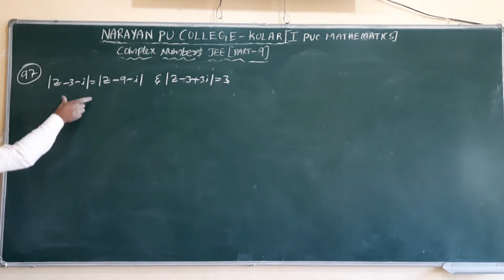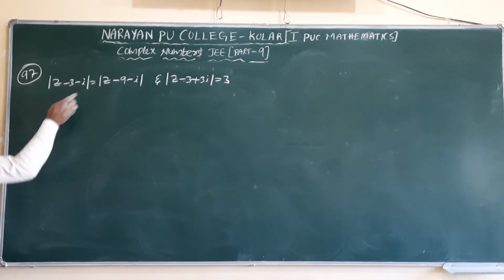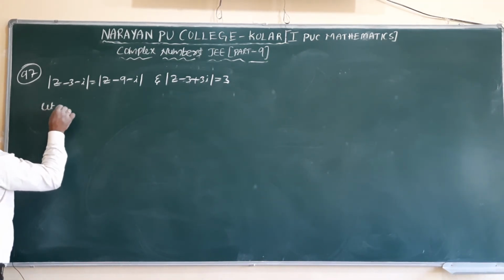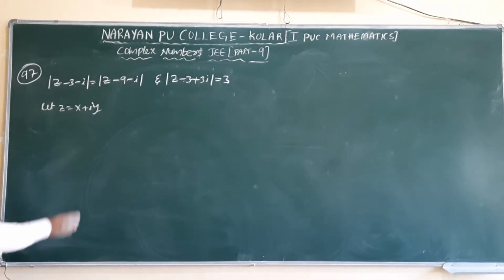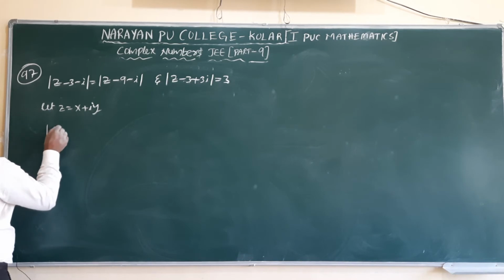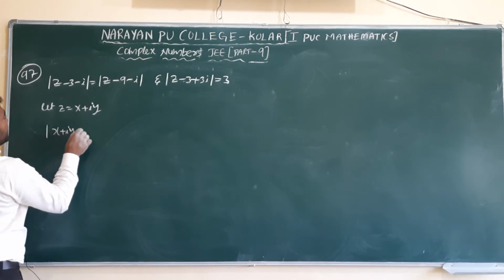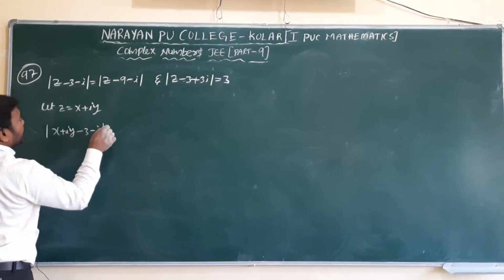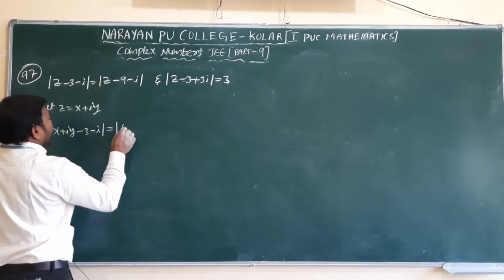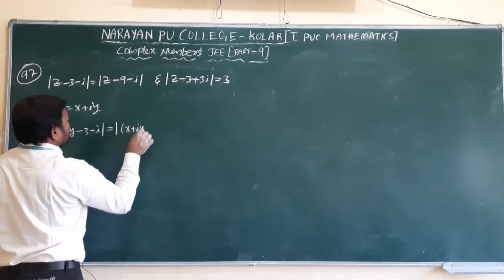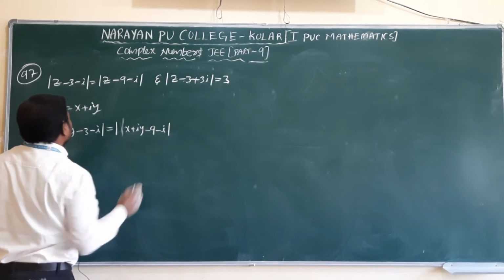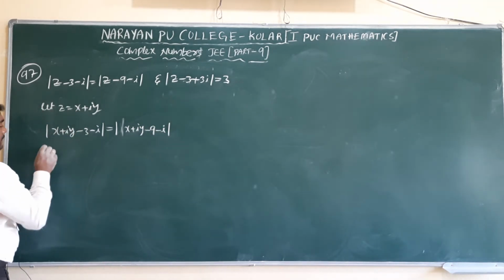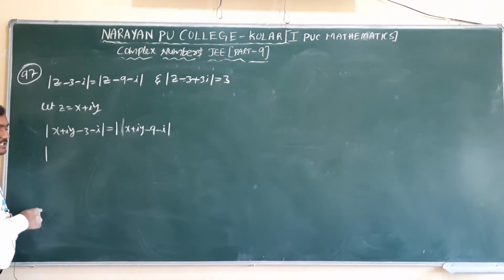Here first, let z = x + iy. So |x + iy − 3 − i| = |x + iy − 9 − i|, separating the real and imaginary parts here.